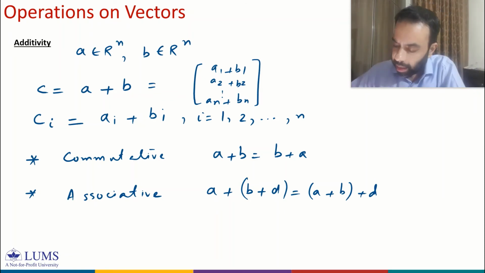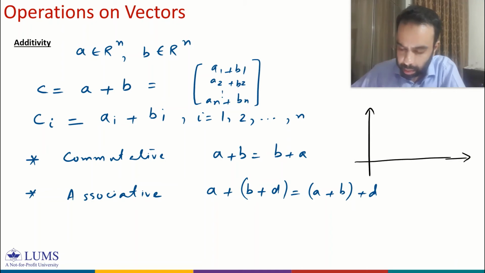So the geometric interpretation of the vector addition is that, say we are in R2 and we take two vectors, maybe for convenience we take e1 and e2. So this would be e1, and this would be e2.